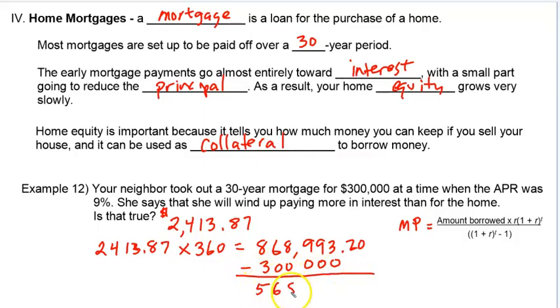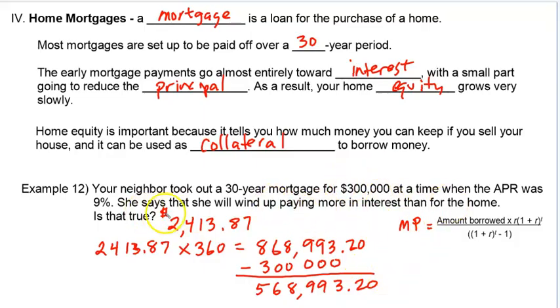She paid $568,993.20 just in interest. So the interest only amount that she will have paid at the end of 30 years is almost 2 times the amount of the house itself, the amount of the original mortgage.